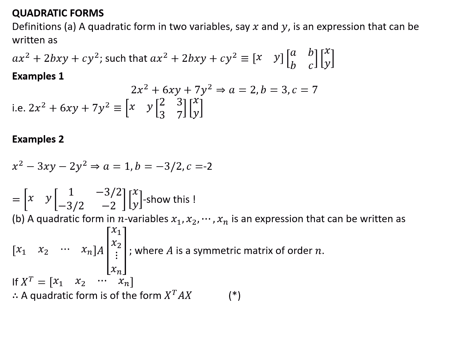Now, a quadratic form of n variables, since we are talking about the generalized form now, x1, x2, up to xn, is an expression that can be written as the vector x1, x2, up to xn, then multiplied by A, and you know your A is going to be an n by n matrix, multiplied by the column vector x1, x2, up to xn.